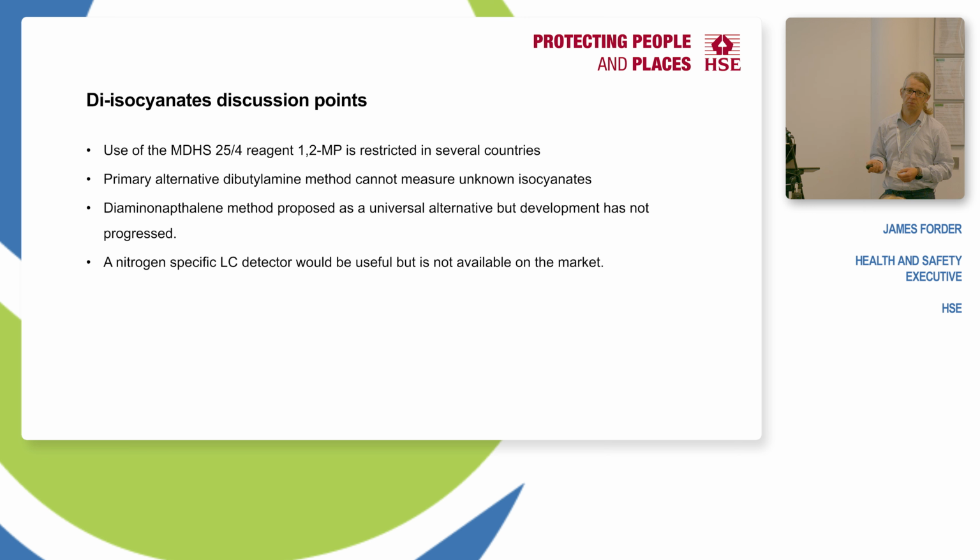But the difficulty is you've got to verify that only the isocyanate will do that to diaminonaphthalene. So it's a complicated method to validate, but a simple method in theory to use. If you could obtain a nitrogen-specific detector, then you could use the dibutylamine method by HPLC. That would be very nice, but no one makes a nitrogen-specific LC detector.